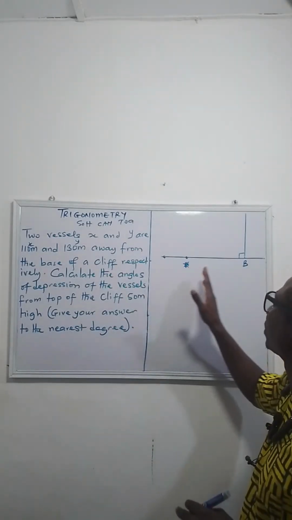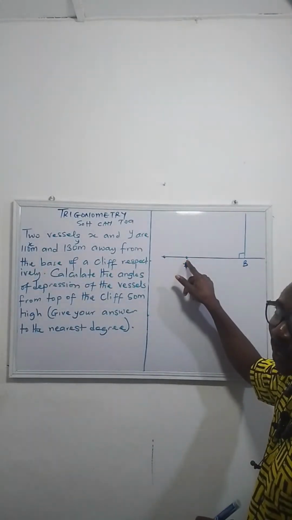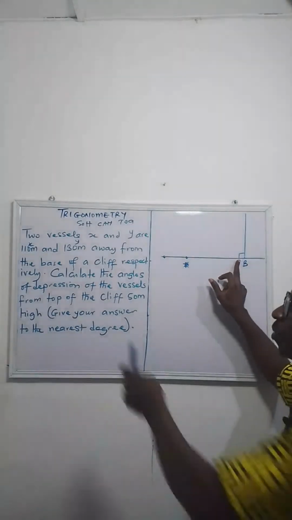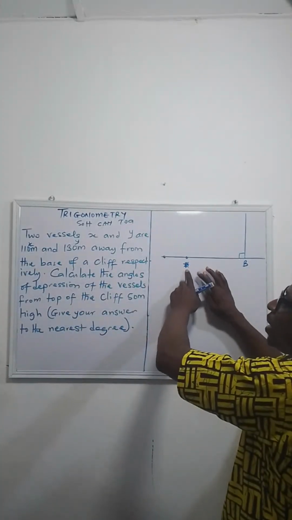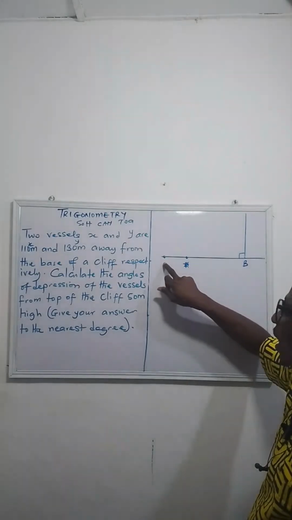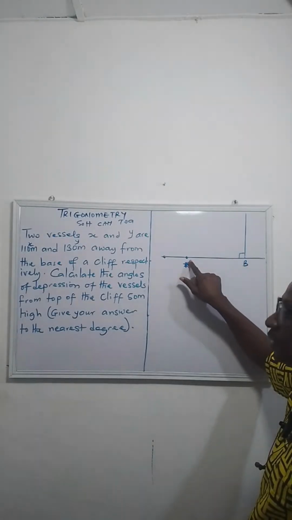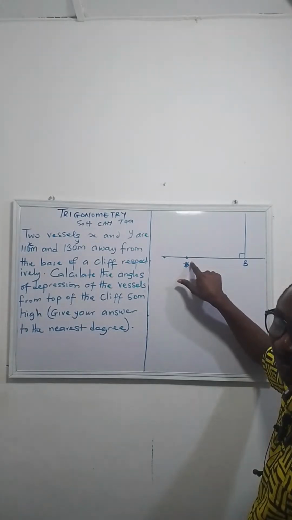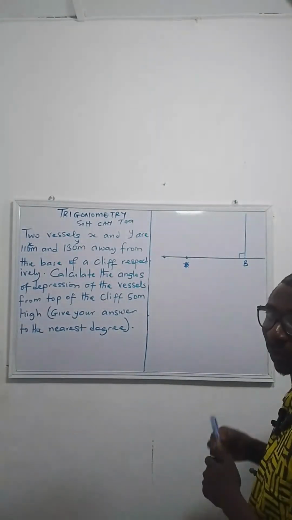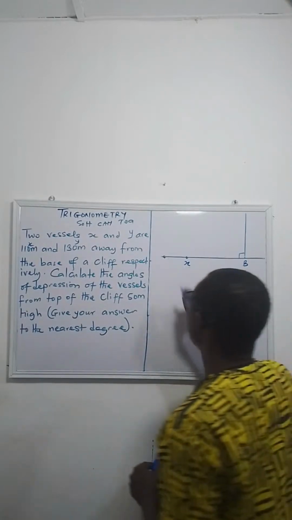Now, X is a point here, and you can see the distance between X and B is smaller compared to Y. So this one couldn't have been Y, because if you call this one Y, that means this one will be X. And don't forget, this is far away from B. So this point that I start here should be X, which is the closest to the base of the cliff. So this is going to be X, and this is going to be Y.